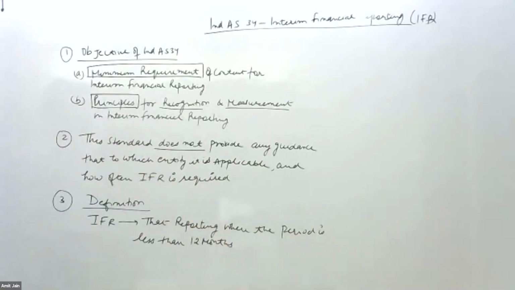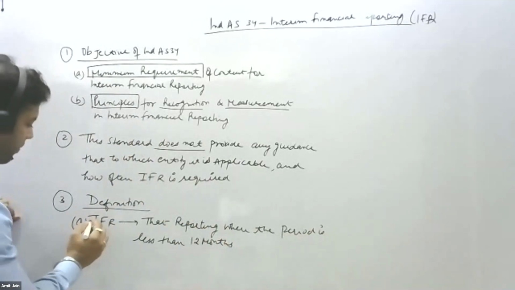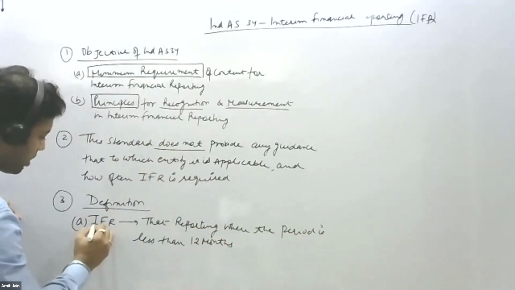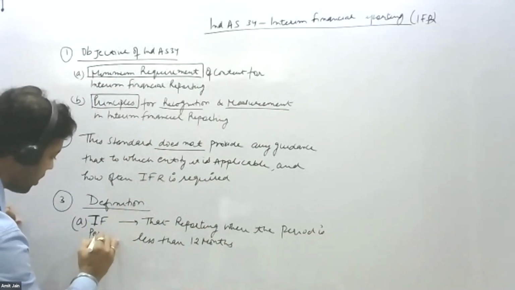Where the period is less than 12 months, right? This is the interim financial period.